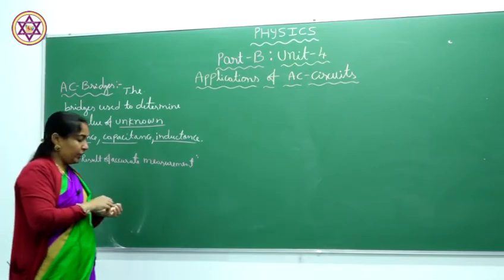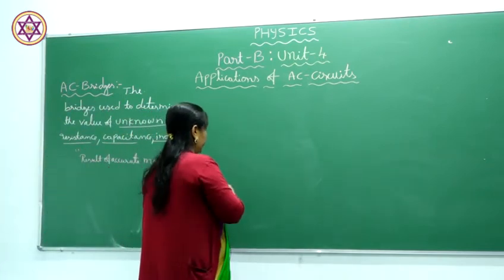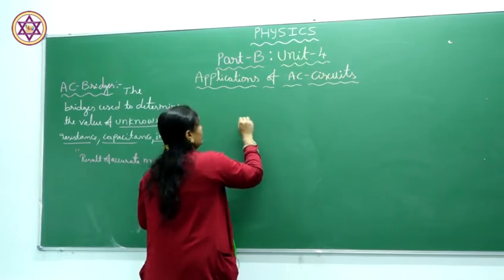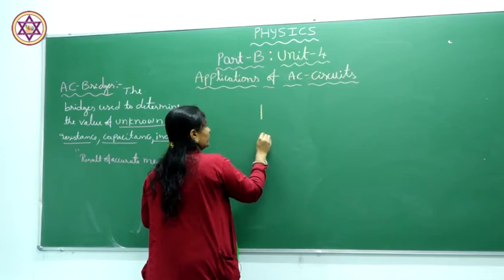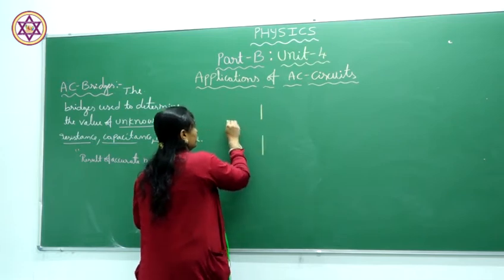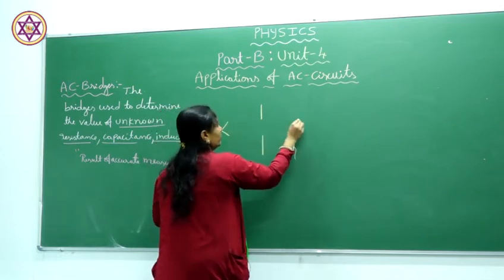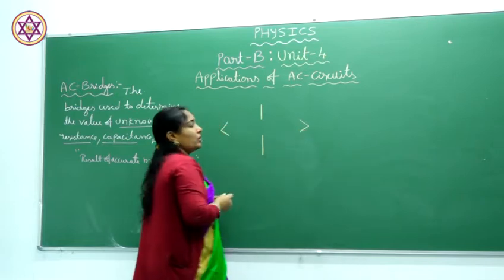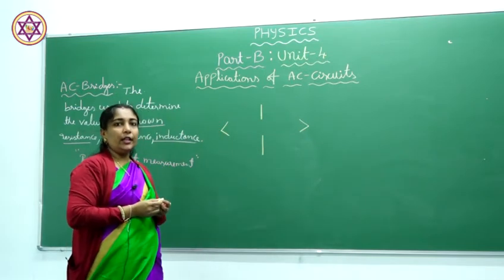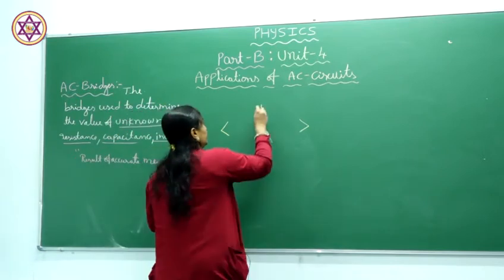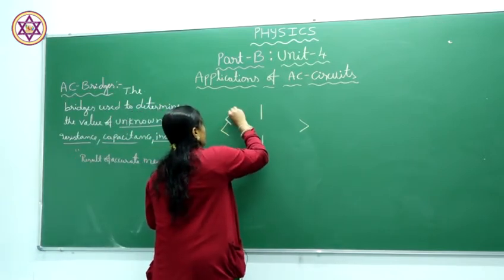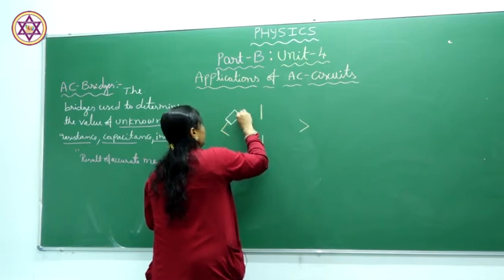So let us consider the bridge. A general AC bridge circuit should contain 4 impedances.